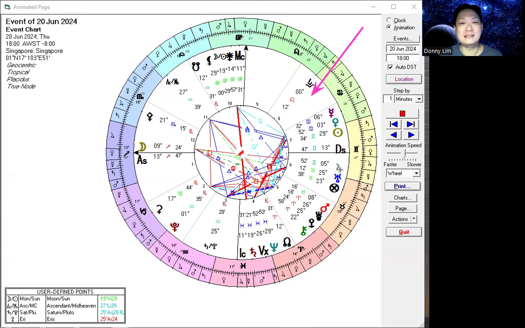What this represents is that creativity, personal self-expression, risk-taking, hobbies, romance, and interactions with children is somehow linked to emotional baggage, debt, taxes, bank loans, legacies, transformation, taboos, the occult, sexual and intimacy-related activities, and also depth interactions with others.